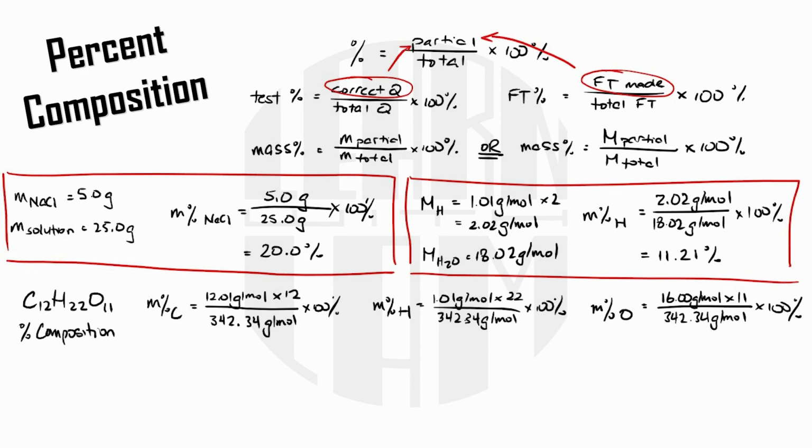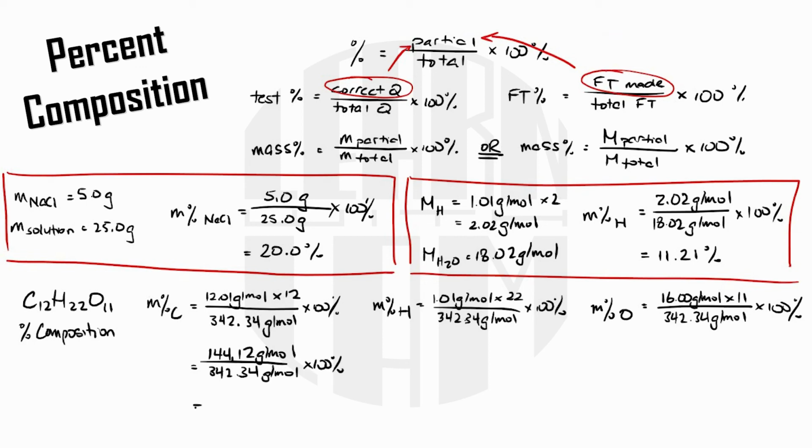Now that you see how each mass percent is set up, it's just a matter of solving each equation. I would definitely encourage you to put these numbers in your calculator yourself so you can really see where all the numbers are coming from. For carbon, we now have 144.12 grams per mole divided by the total times 100%.